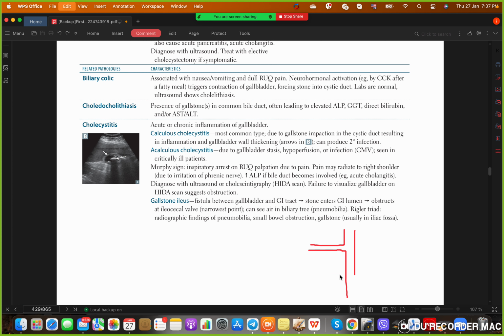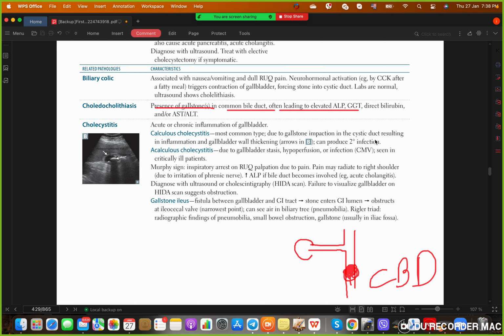Now, choledocholithiasis. So now the stone is in a different place. The stone is here. So tell me, please, if the stone is here in the common bile duct, will we have jaundice? Will we have increased bilirubin? Yep. Okay, so there will be gallstones in the common bile duct, often leading to elevated ALP and GGT.